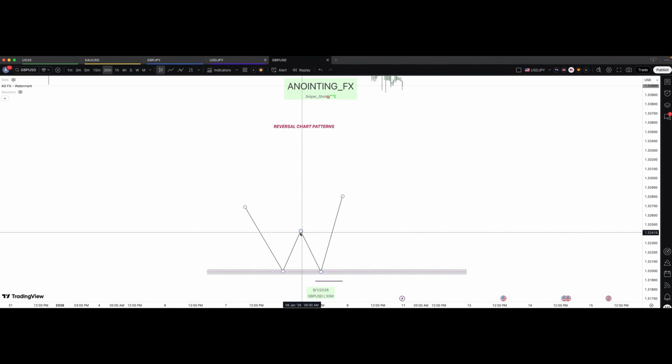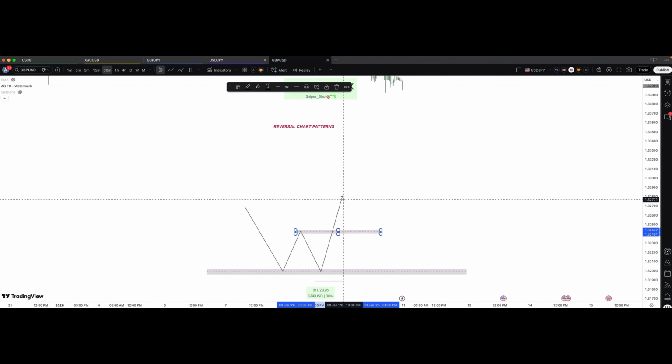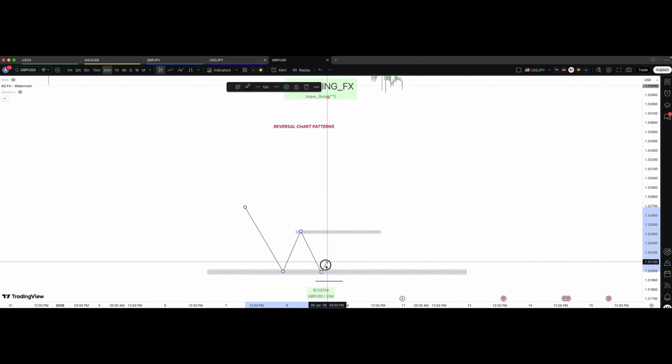Now you should be able to spot your neckline where price made a turnabout before it came to mitigate the second touch. So this is the neckline, and then like I said earlier, don't say because price has come to touch the support so quickly the trend has changed from bearish to bullish, so you are stacking in more positions.